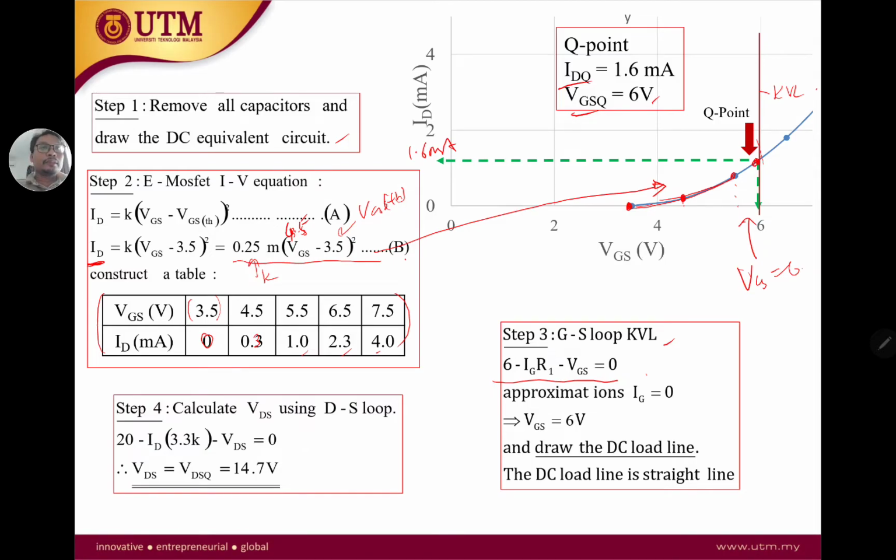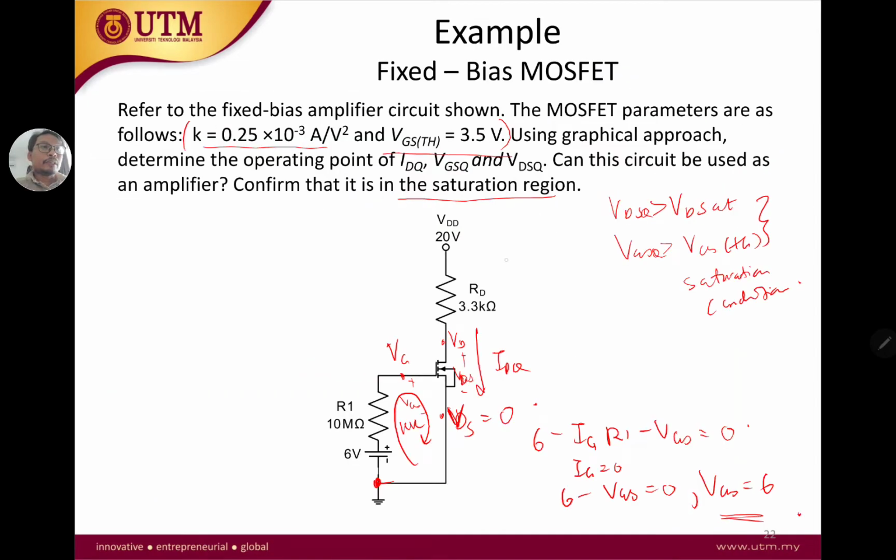Now what about our VDSQ? For VDSQ, we need another loop. So we have another KVL loop here to calculate our VDSQ. So what is our loop going down? 20 minus ID RD minus VDS equals 0. So your VDS equals 20 minus IDQ times 3.3K.